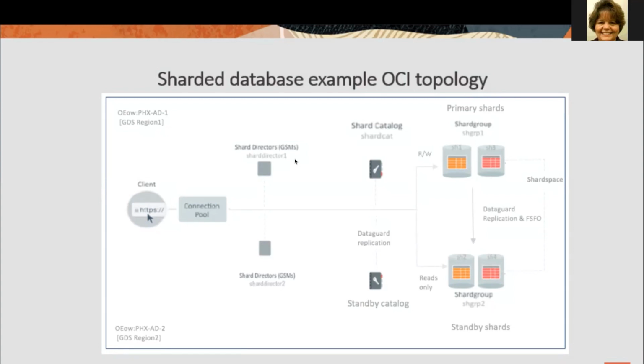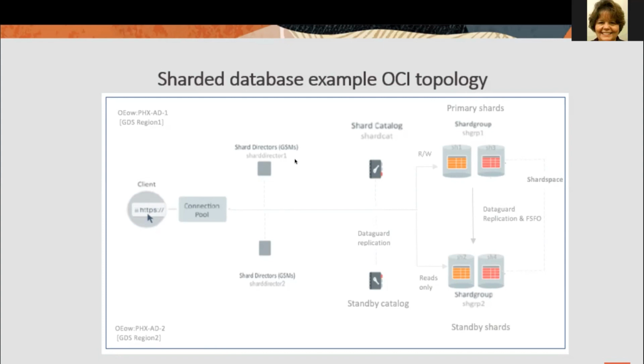So the Shard director quickly looks up the metadata store in Shard catalog to look up the key information and map the key to the shard on which the user data resides and routes it to the appropriate shard.